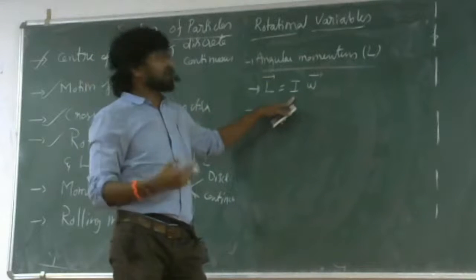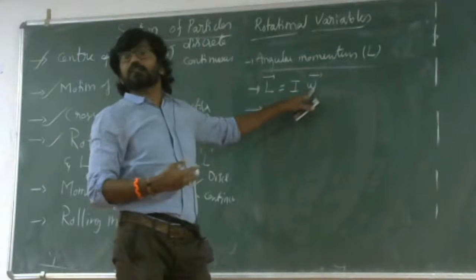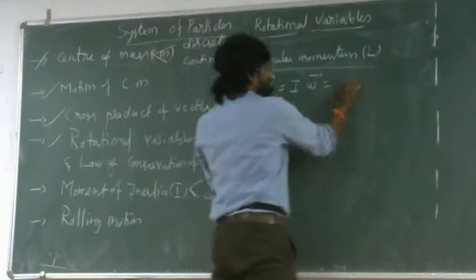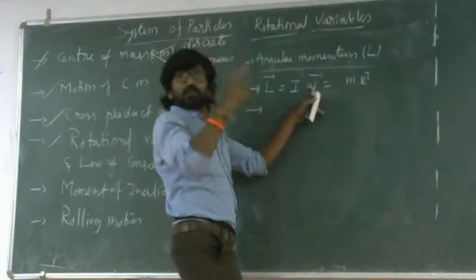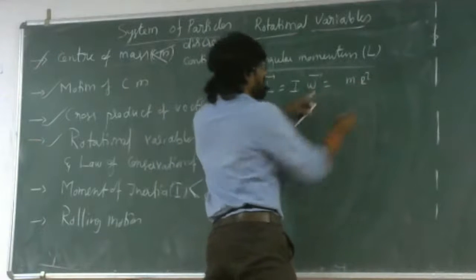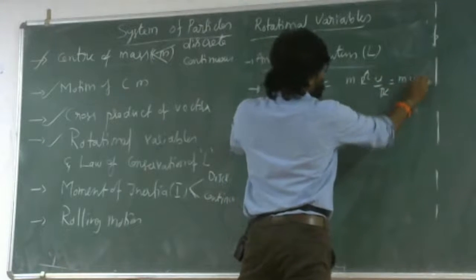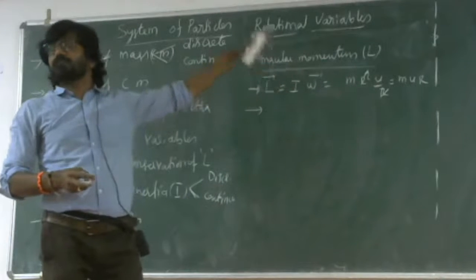So mr square into v by r, where r is the distance of the axis of rotation from the center of mass. On cancelling, we get mvr.